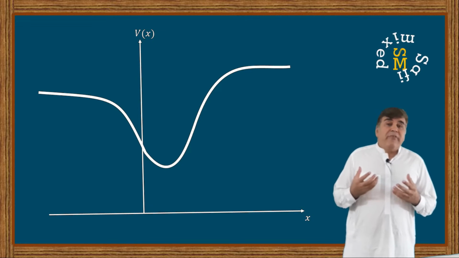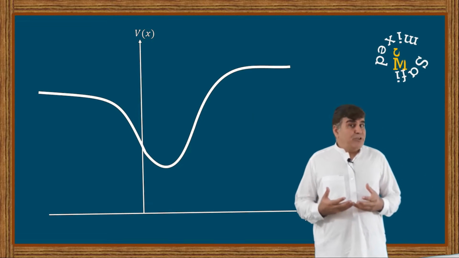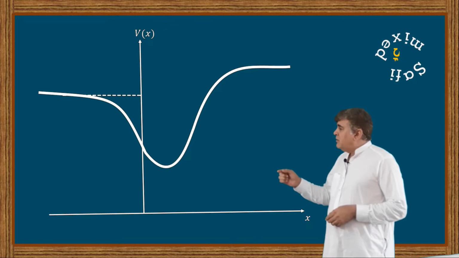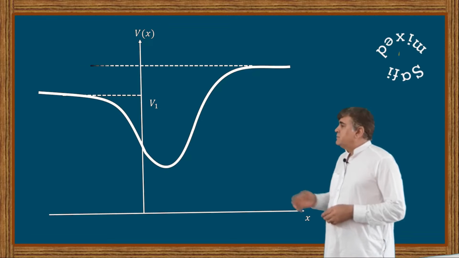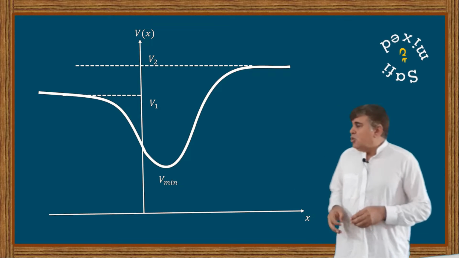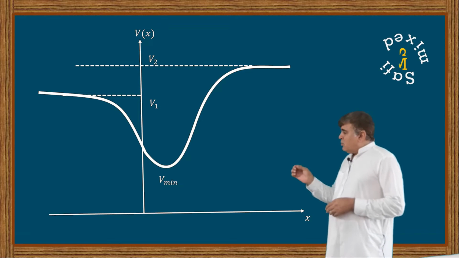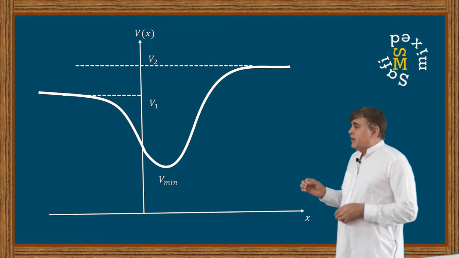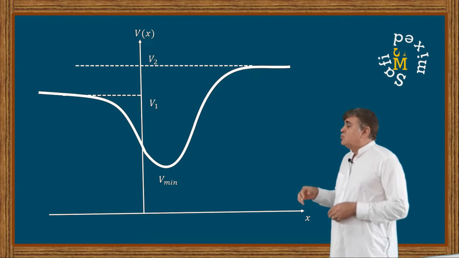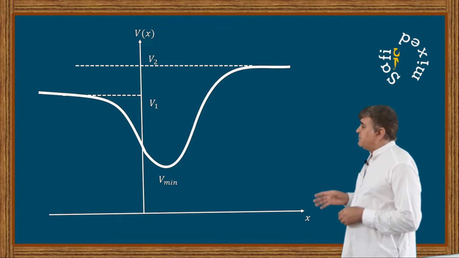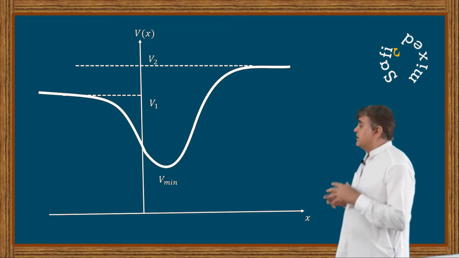Let us denote the values of the potential in different regions by V1, V2, and V minimum, where V minimum is the lowest value of the potential on the curve, V1 is the maximum value to the left of the curve, and V2 is the maximum value to the right of the curve.